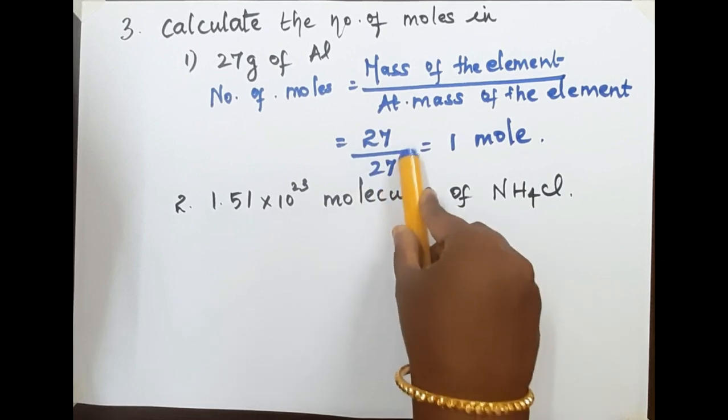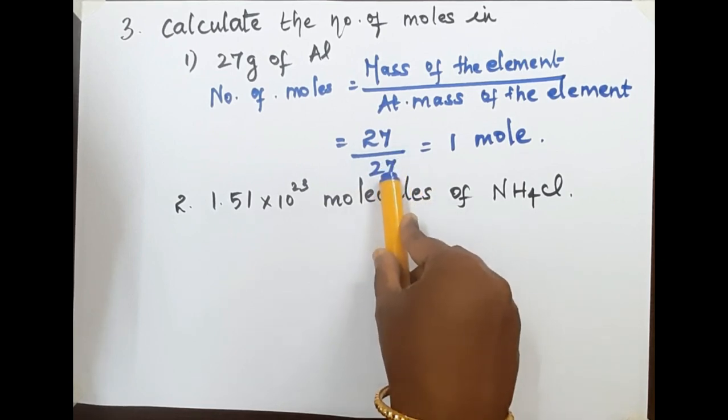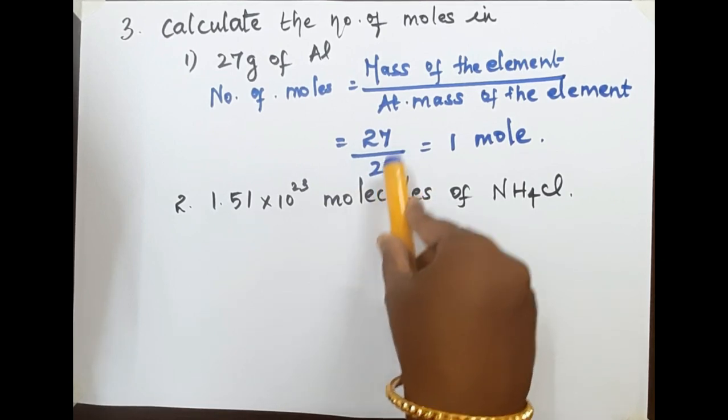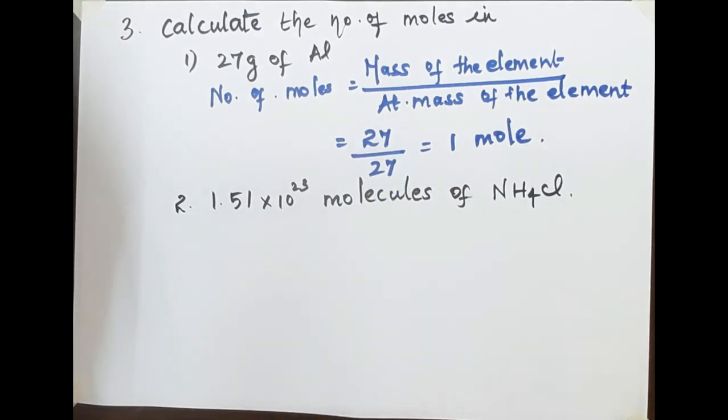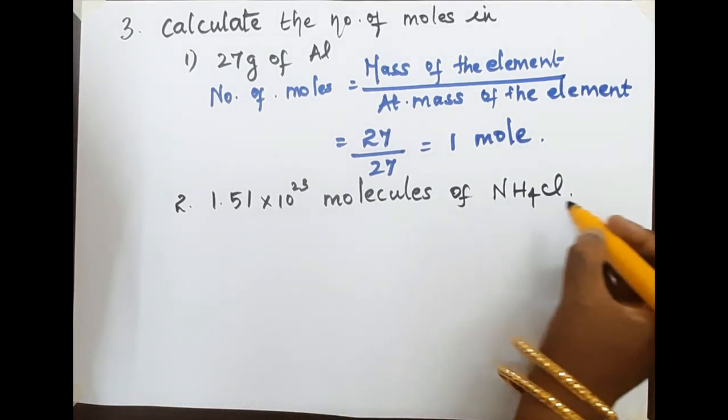This 27 value you have to be very clear with. That is, you have to know the atomic mass of each and every element, and also you have to know how to calculate it. Number 2, 1.51 into 10 power 23 molecules of ammonium chloride.